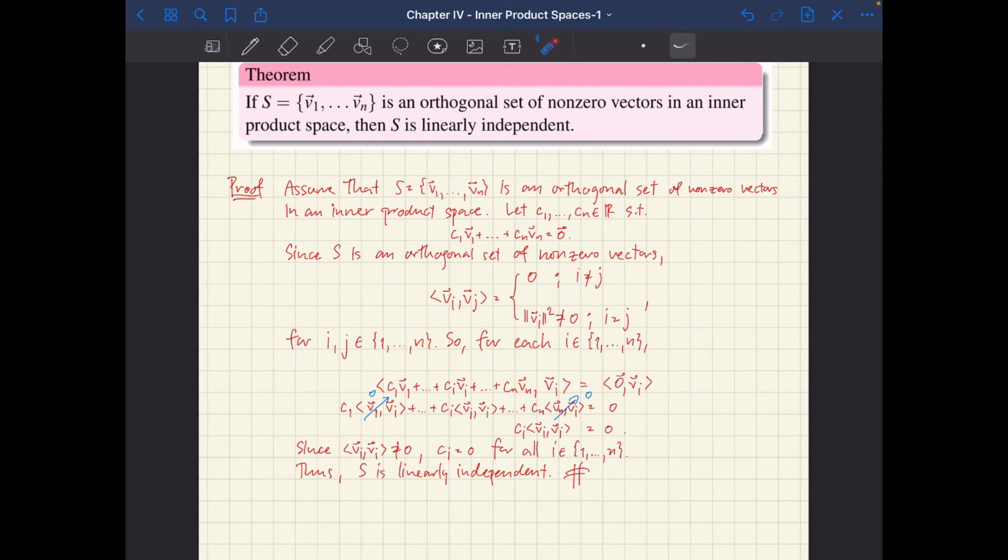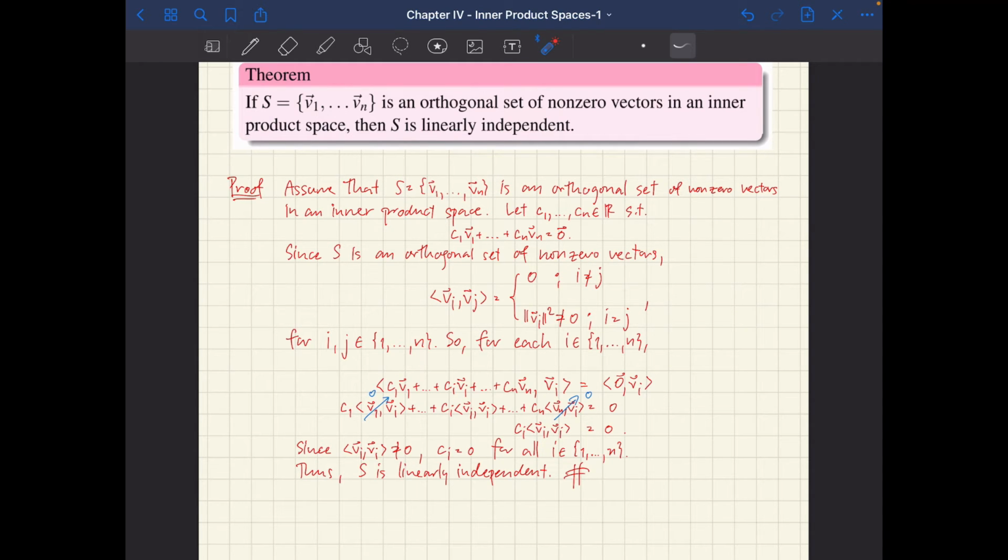It means that the inner product of vi and vj, if i equals j, is equal to the norm of vi squared, and the norm of vi squared is not equal to 0, because the elements of S are not the zero vector.